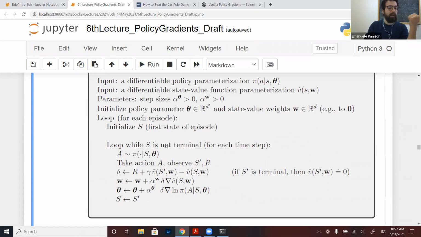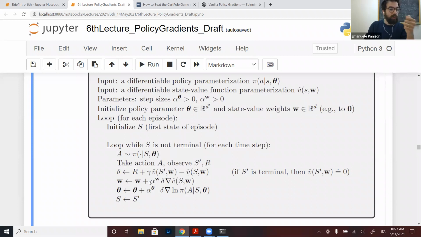Until the state is terminal, or I kill it, I take an action, I go into a new state, I take a reward, and I construct my delta, my TD error, in this way.